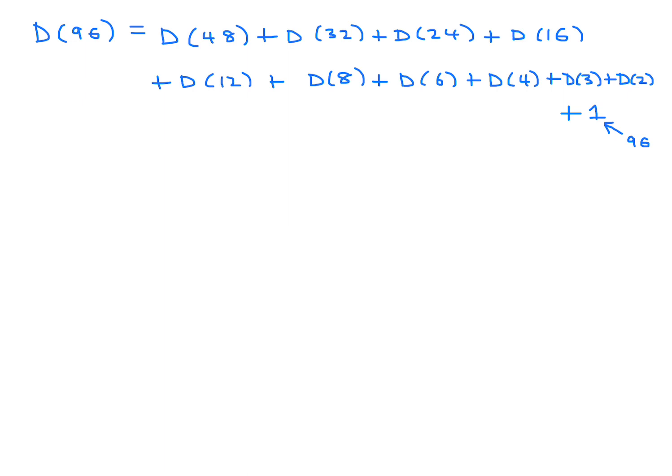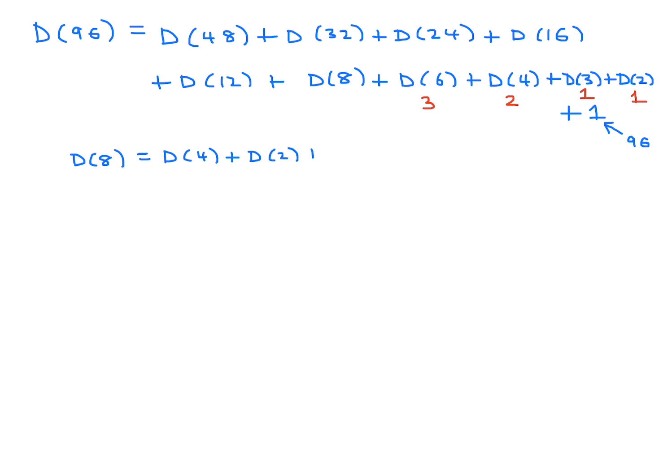All right, so here we go. Some of these we already know, right? D2 is 1, D3 is 1, D4 we had calculated as 2, D6 we had calculated as 3. So now we have to figure out all the other ones. Okay, so D8, in a very similar way, you just break it down instead of doing it the long way.